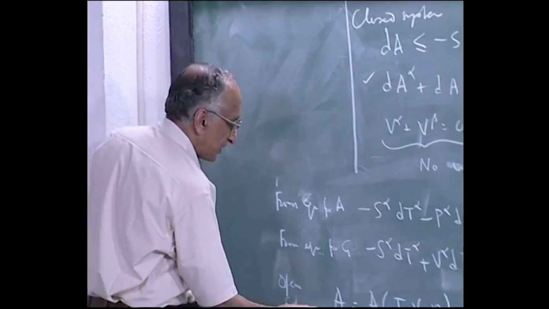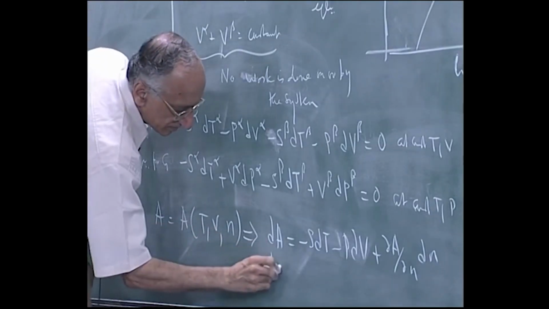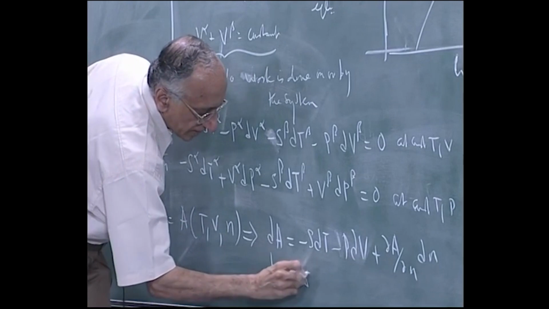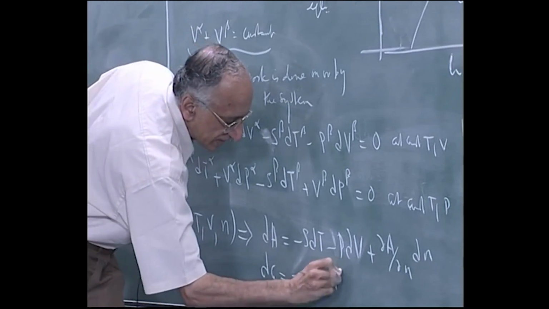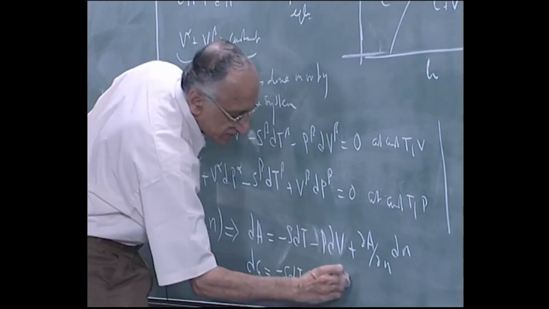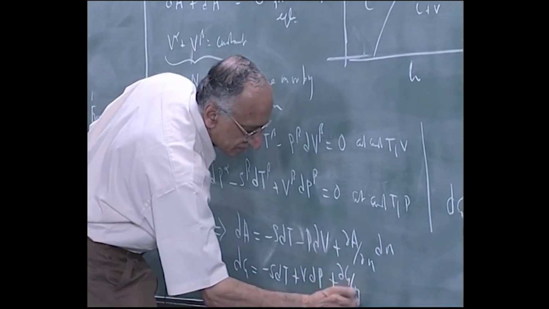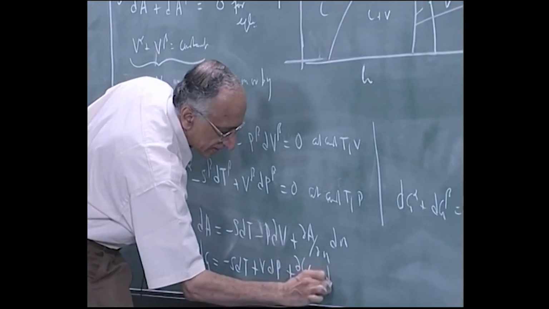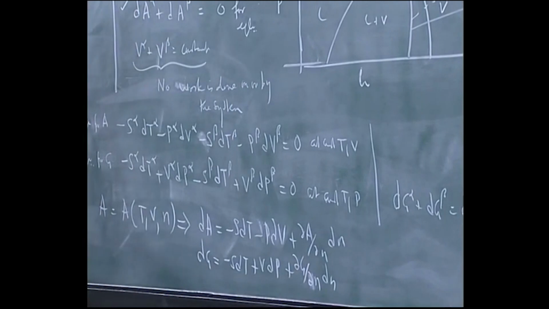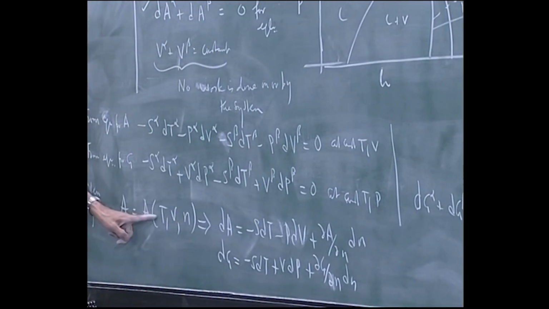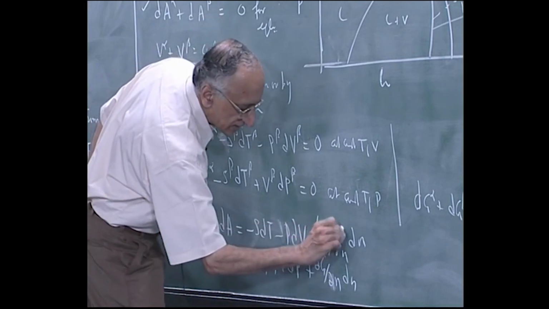Now if I write the same thing for G, I get dG is equal to minus S dT plus V dP plus partial of G with respect to N dN. Notice this partial of A with respect to N is holding T and V constant, the partial of G with respect to N is holding T and P constant, and write that out explicitly.